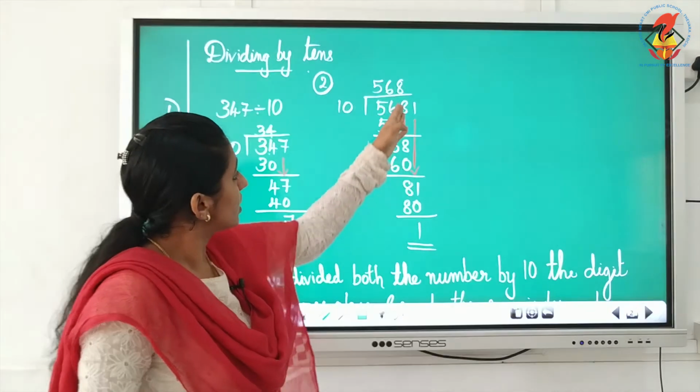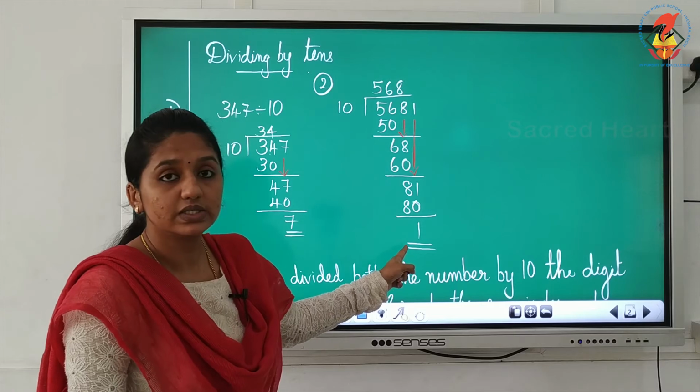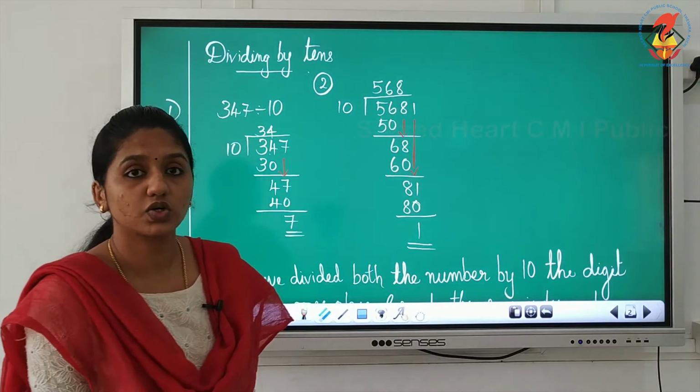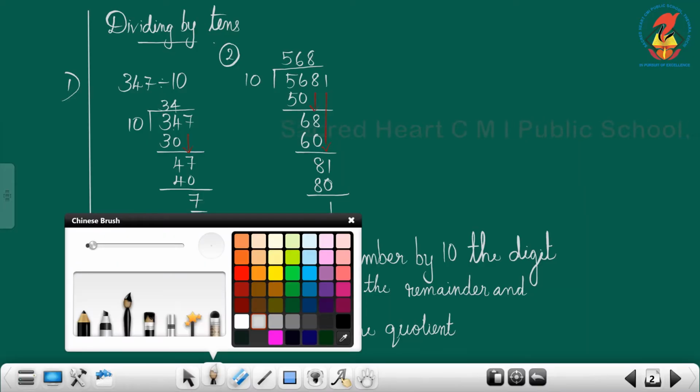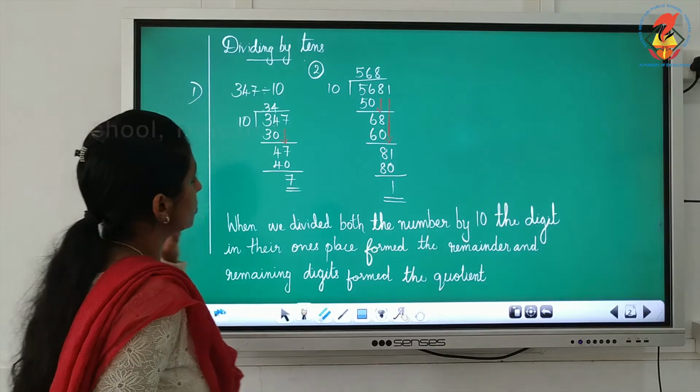Here also the ones place digit is going to the remainder and the other 3 digits are the quotient. Okay. After this we can say that when we divide both the numbers by 10, the digit in their ones place form the remainder and the remaining digits form the quotient.